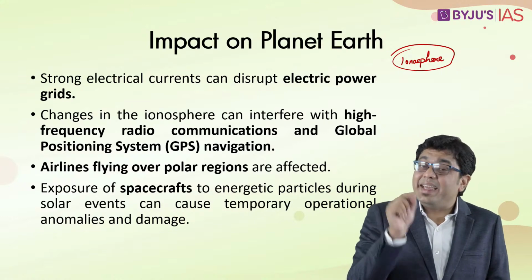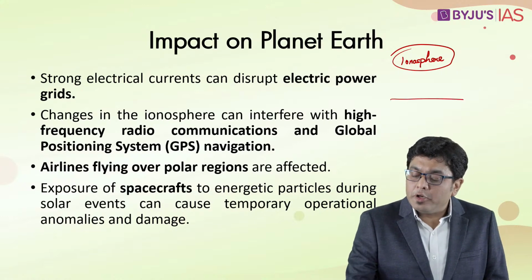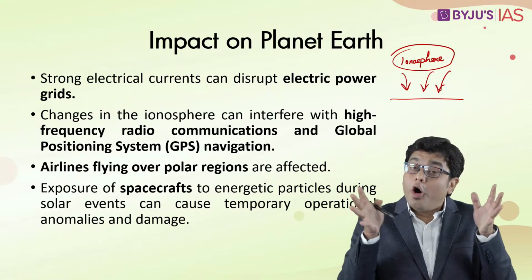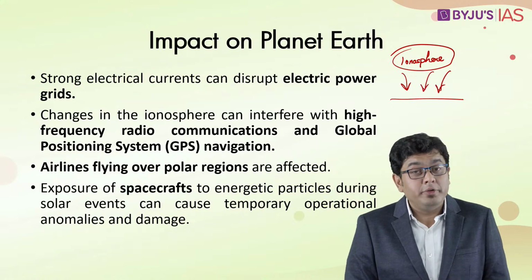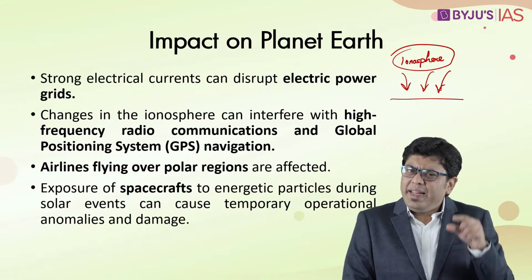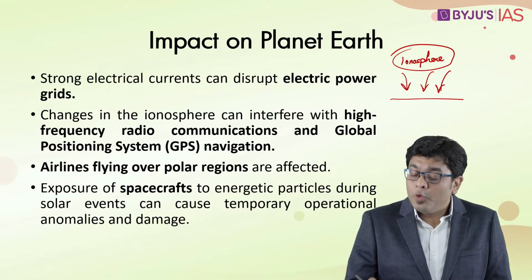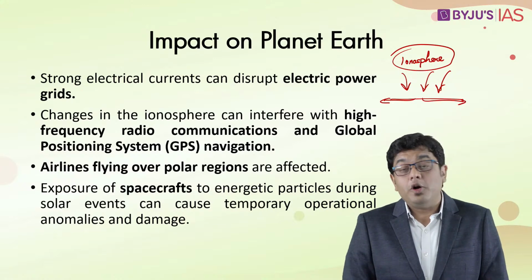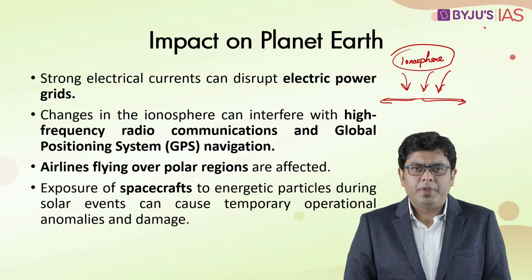But these electrons and the bombardment of the electrons on the Earth's surface or on the upper part of the Earth's atmosphere also lead to a phenomenon whereby we end up observing electric current flowing on the Earth's surface.